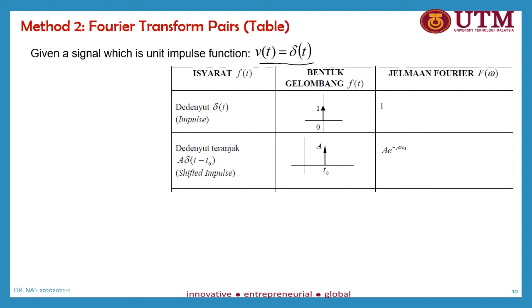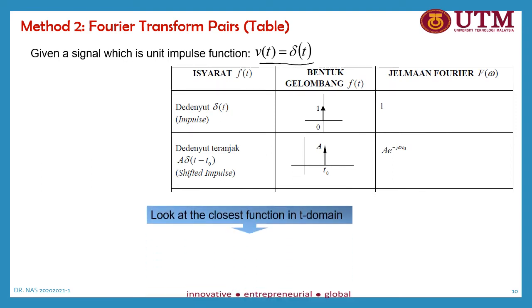The first step, you need to look at the functions in the table and find the closest function in time domain. You refer to the first column, isyarat, meaning the signal.